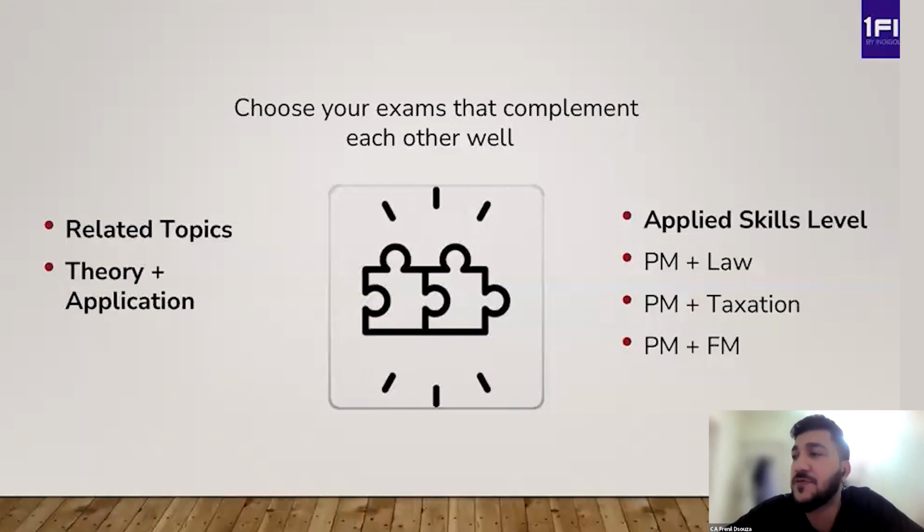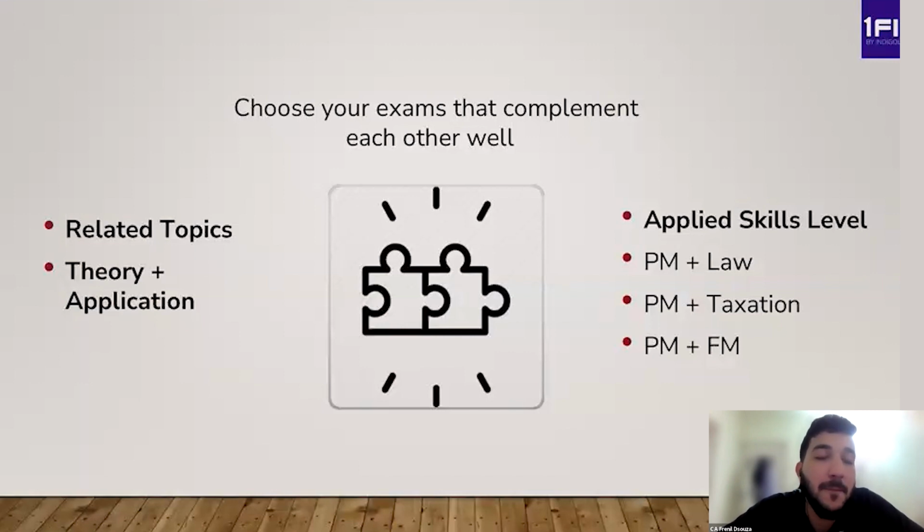ACCA, as we know, allows a very good leisure, in that you can choose to write one paper at a time, and your exams are repeating every 3 months, so you don't have to worry about losing out on a particular attempt, because even if you lose out, you can attempt two papers at once.